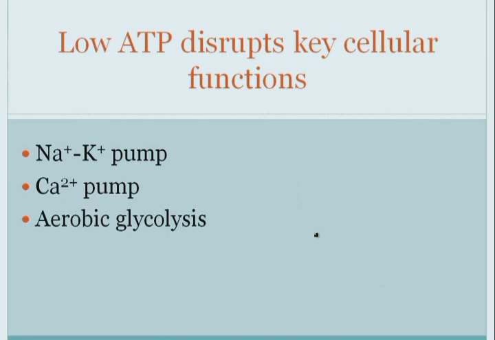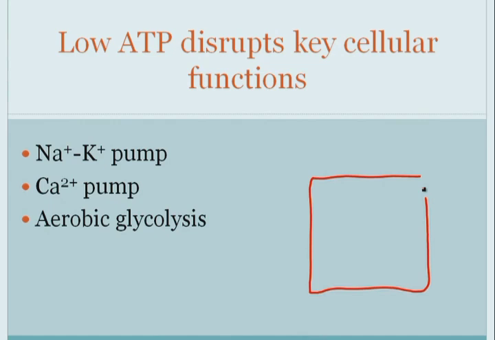Now, let me just tell you one general principle about calcium in the cell, and that is the goal of the cell is to maintain a super low concentration of calcium within the cytosol. The calcium in the cytosol is very, very low. The calcium can get pushed out into the blood, it can get hidden in the mitochondria, it can get hidden in the endoplasmic reticulum, but within the cytosol itself, calcium concentration is kept very low, and it's done using ATP, using an ATP-dependent pump.